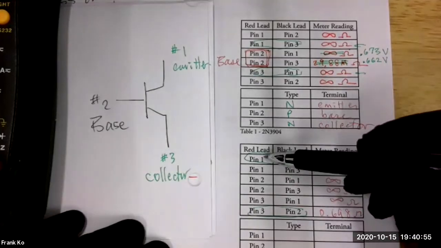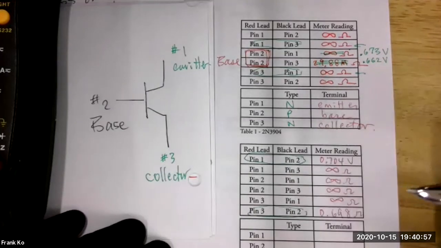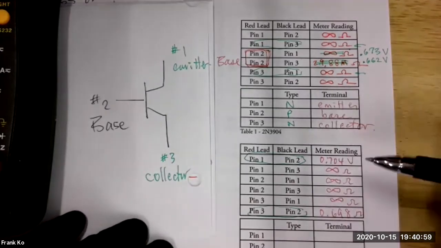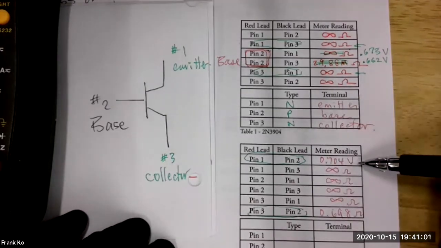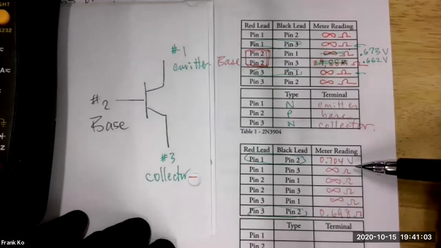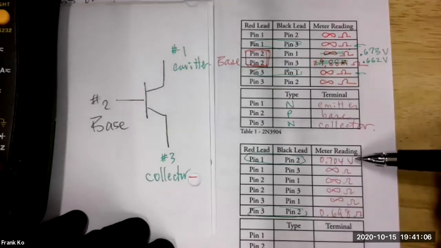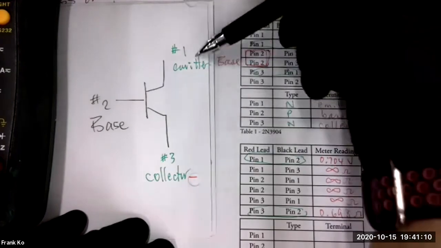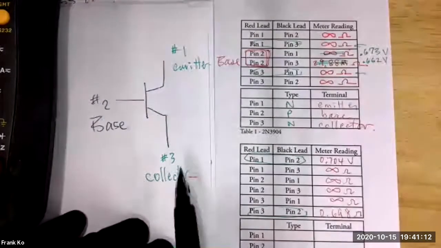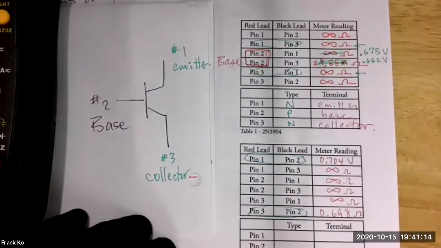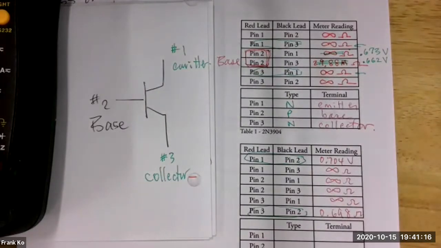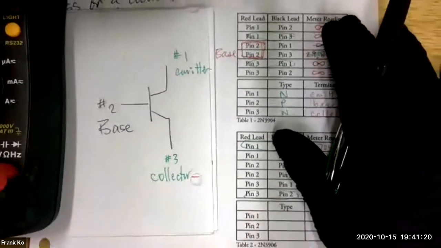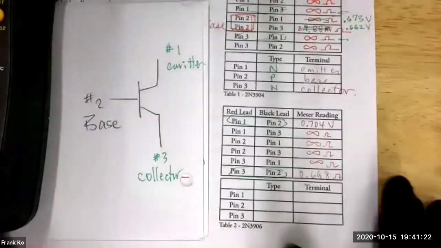The leftover pins, 1 and 3, one of them is collector, one of them is emitter. We said that the higher value row tells you which pin is the emitter. So if 2 is the base and this is the higher value row, then pin 1 must be the emitter. So pin 1 is the emitter. That tells you pin 3 is the collector. So far, so good? Now, can you determine what type of material is existing where in this particular exercise?